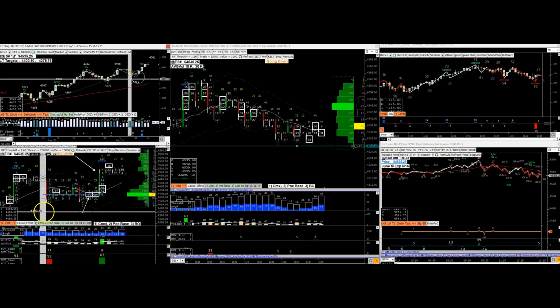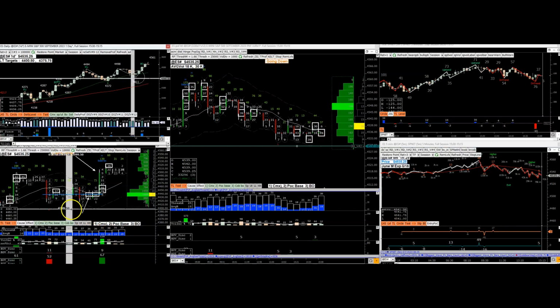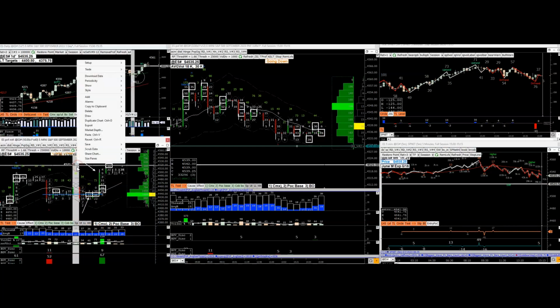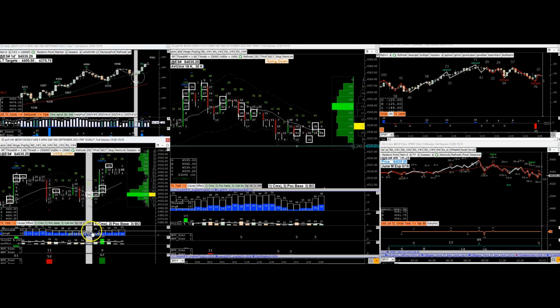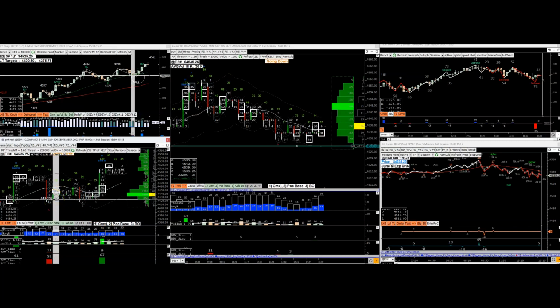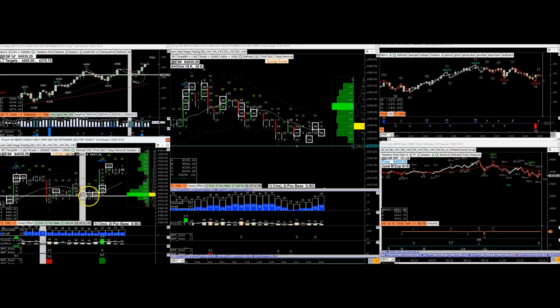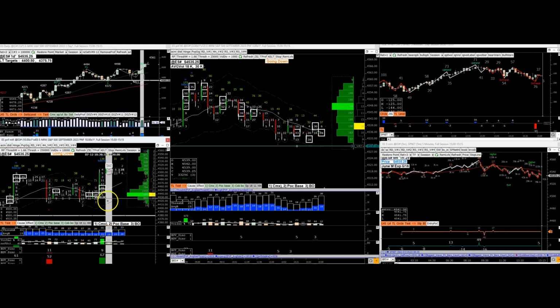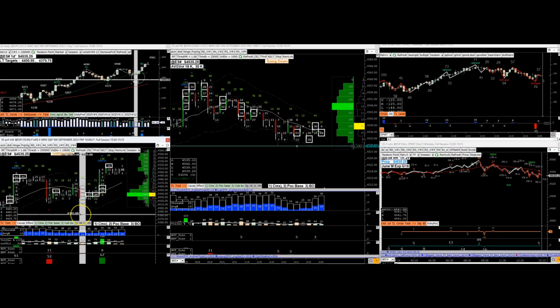What's interesting to me here is that as it goes sideways, it is building lines of support. Again, as it goes sideways, it's building lines of support, and the volume is insane, relatively speaking.